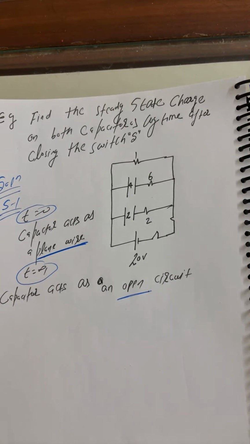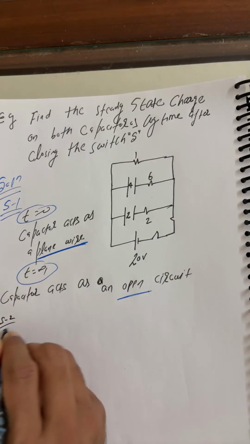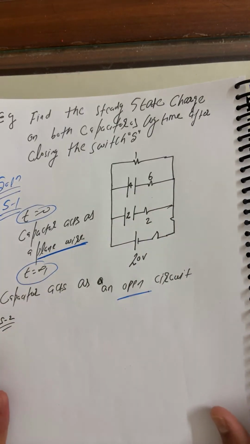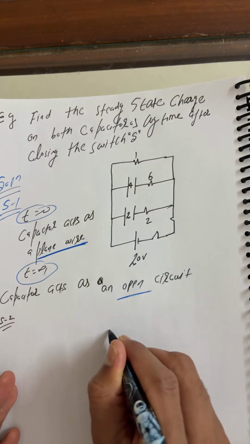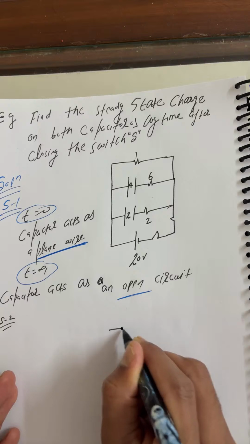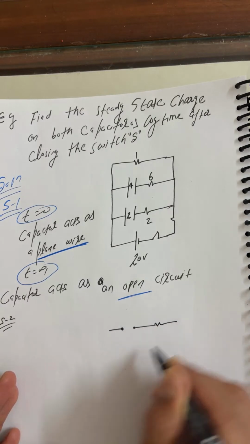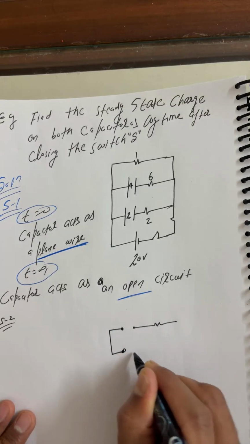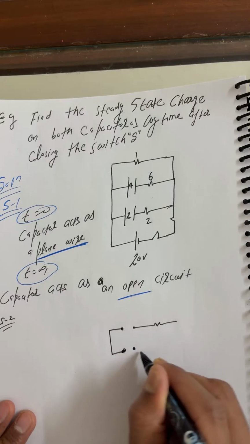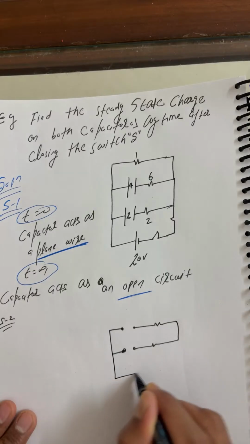Now further, in step 2 I'll redraw the circuit. Because the capacitor branch is open, there is no flow of current in it, since current flow in a circuit requires a closed path.